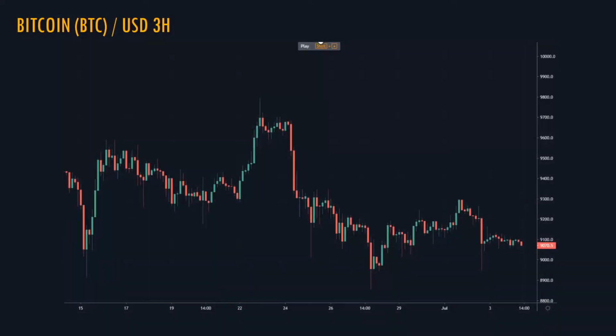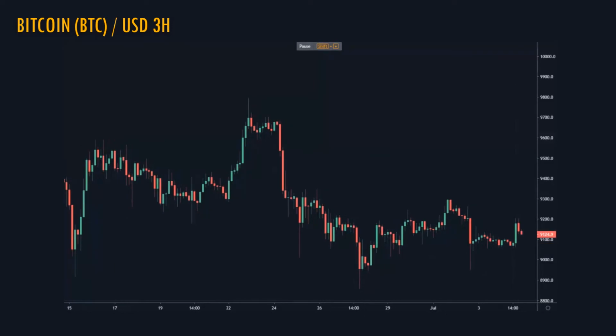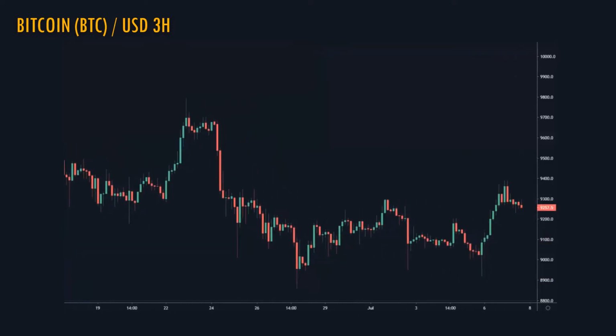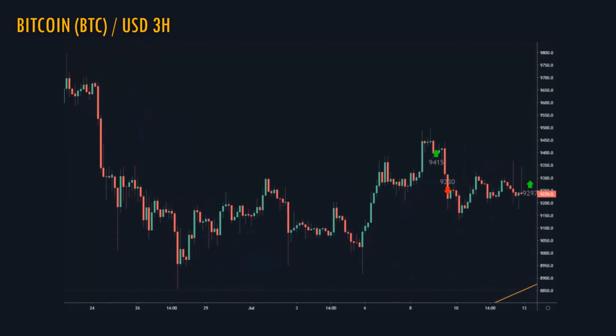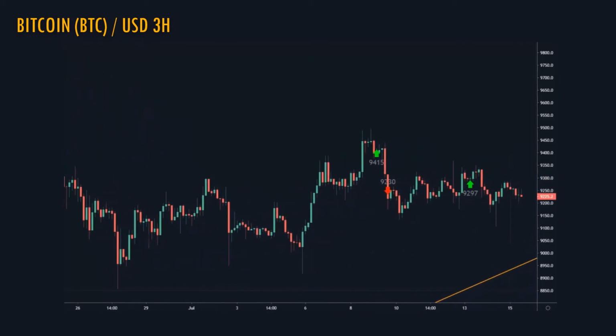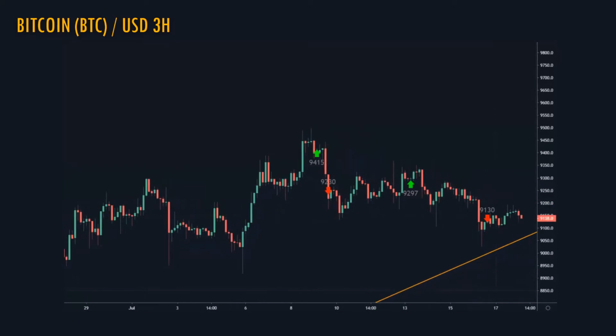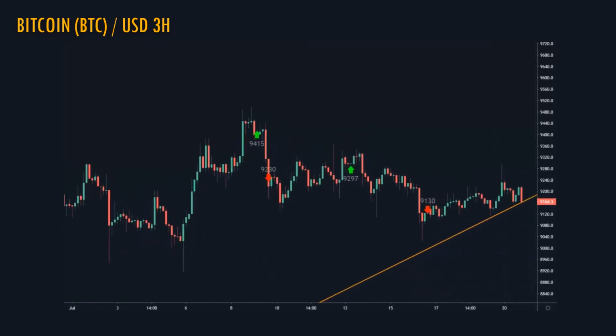So I'll show you now how it works in practice. This is Bitcoin BTC over the US dollar. Every bar represents 3 hours of price action. And what I'm doing now is showing you when the actual trading signals were given, overlaid on actual market data.